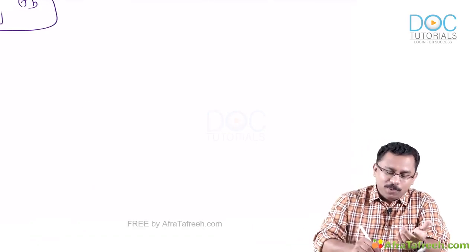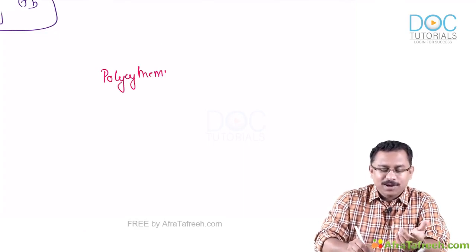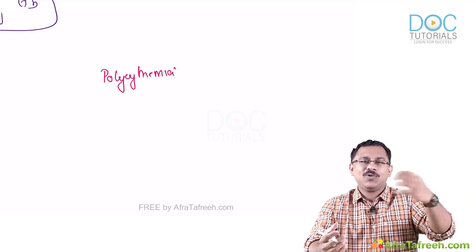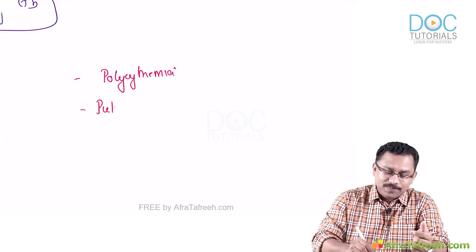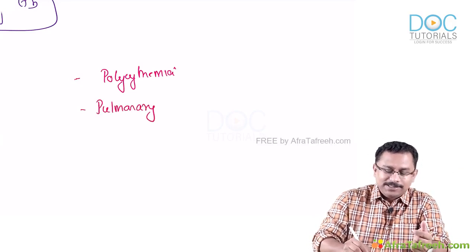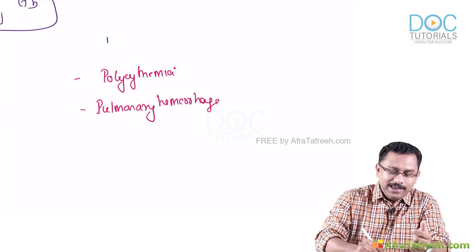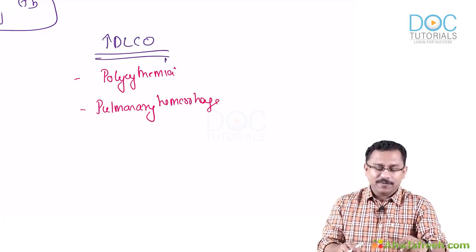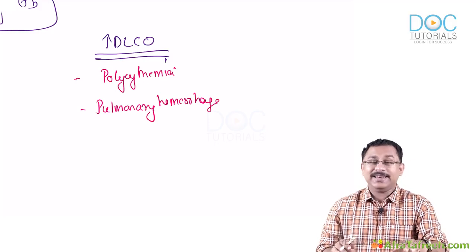One is polycythemia, where you have increased availability of hemoglobin, so naturally more carbon monoxide would diffuse, and also pulmonary hemorrhage. So pulmonary hemorrhage and polycythemia are two conditions where you get an increased DLCO, diffusion capacity of carbon monoxide. So you have got to keep in mind this entity.